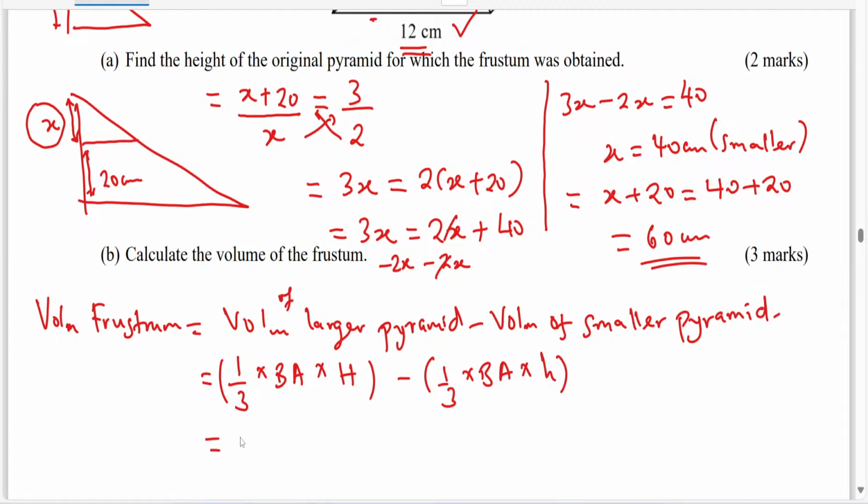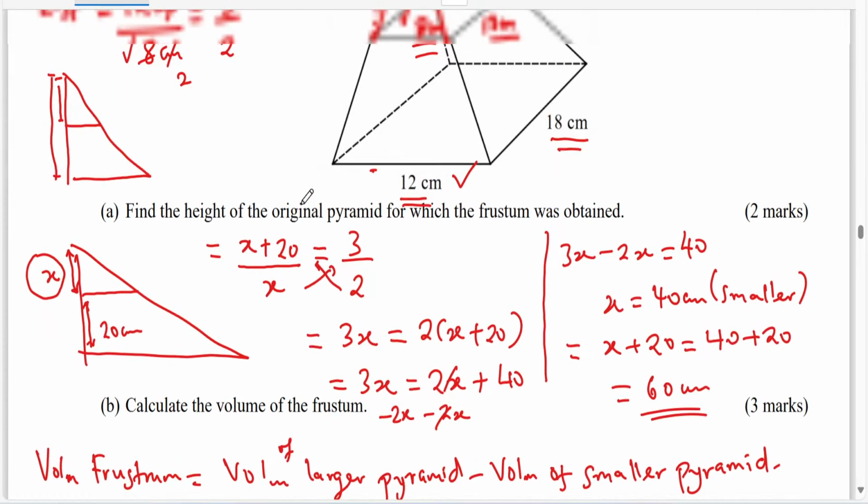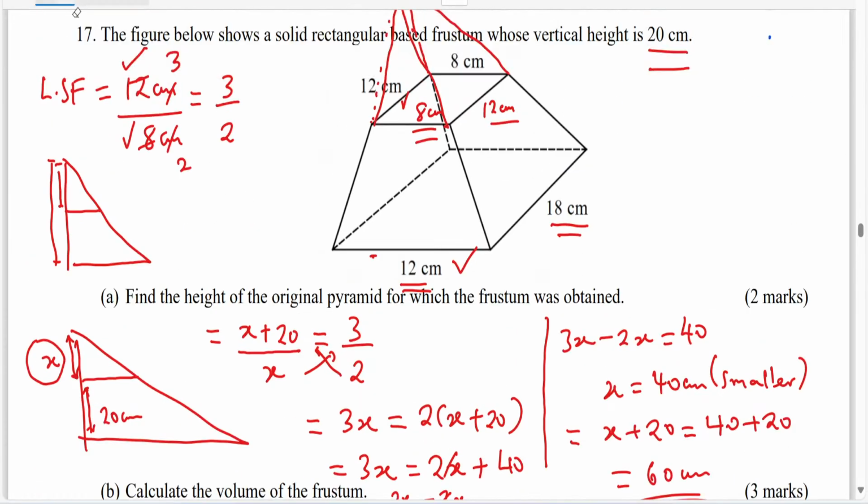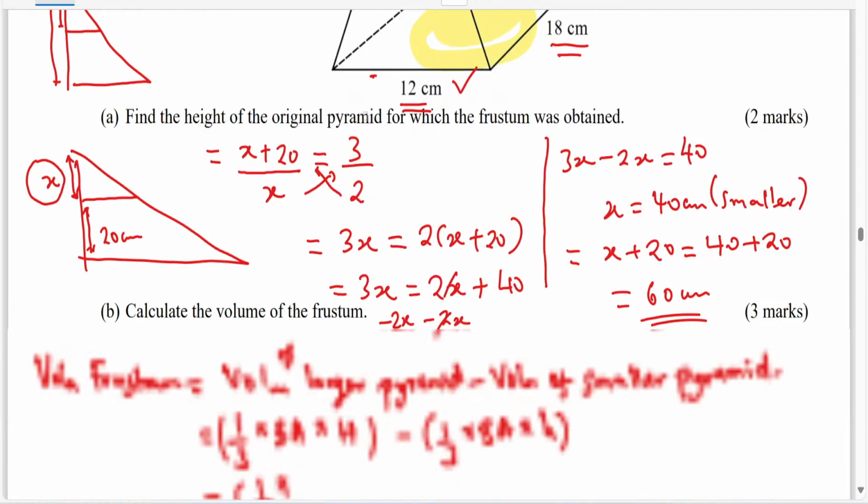So which base area will we take for calculating the larger pyramid? We will take the base area at the bottom, which is this one. So you take this 12 and 18, while the upper base area will help you find that of the smaller pyramid.